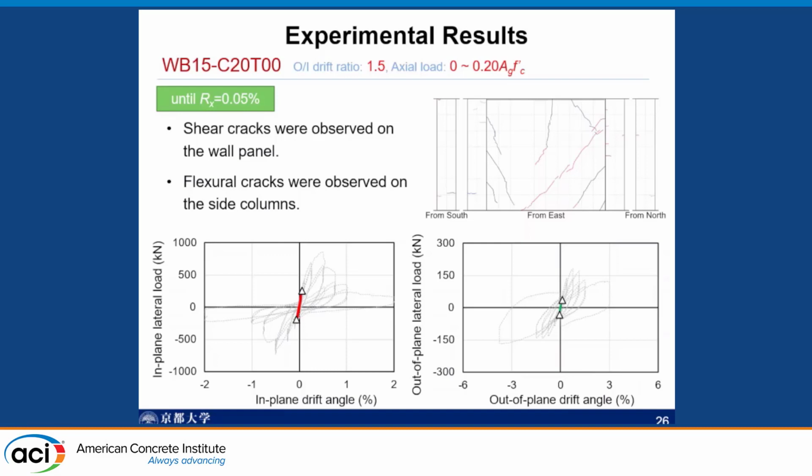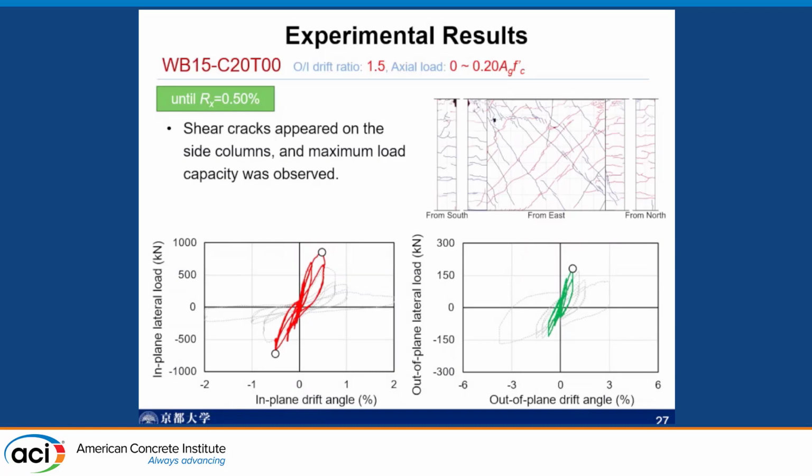This means the out-of-plane and in-plane drift ratio is 1.5, and the axial load ratio is from 0 to 0.20 Ag f'c. You can see shear cracks developed and fracture cracks developed. This shows the in-plane lateral load and in-plane drift angle. This figure shows the out-of-plane load and the out-of-plane drift angle.